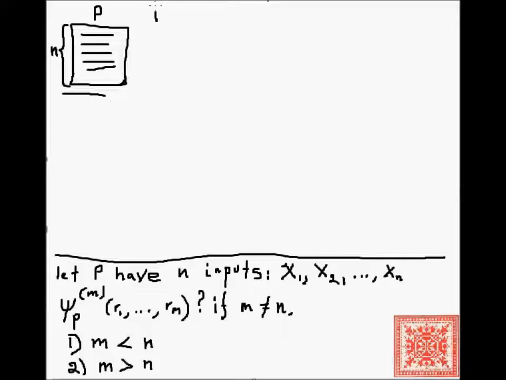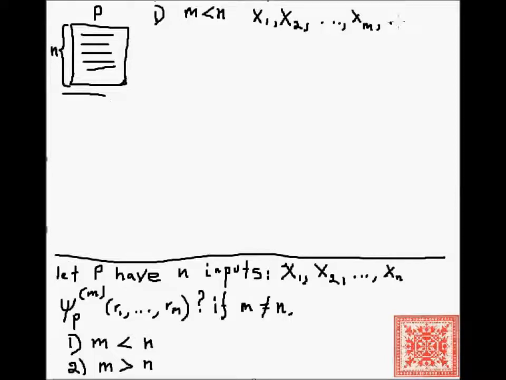Okay, so let's consider the first case of insufficient inputs. Specifically, we have some program P, and it has x1, x2, up to xn, n input variables.